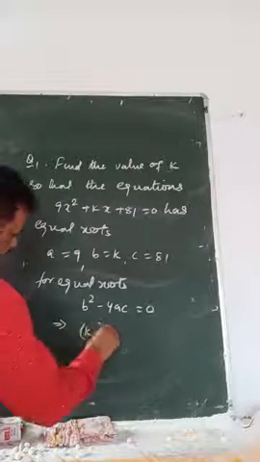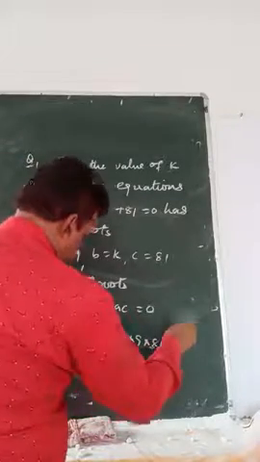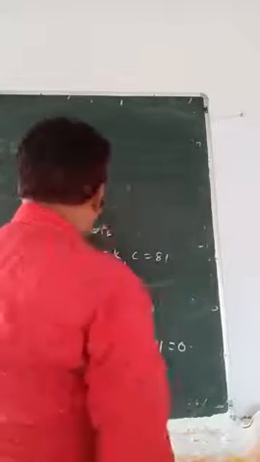K square minus 4 into 9 into 81 is 0. So how to solve?